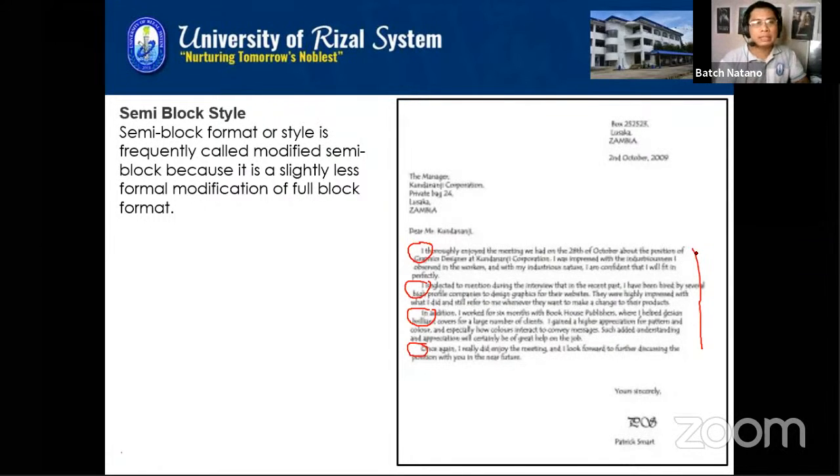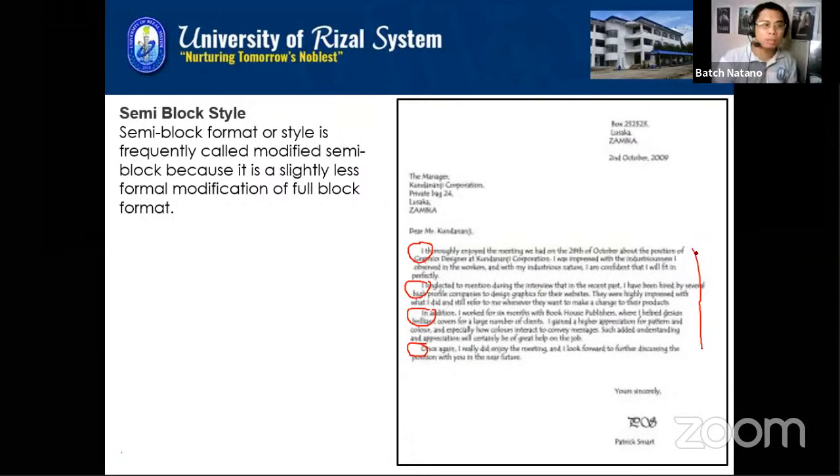I'm sure that you already encountered several types of indentation in your previous subjects, let's say in typing. You have encountered a lot of different formats, but these are the commonly used formats in letters based on my experience. I've been doing a lot of letters since I was exposed to the academe.